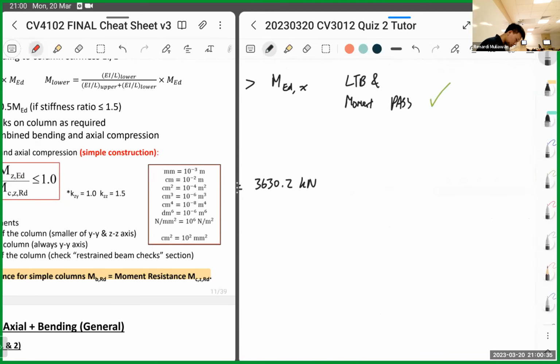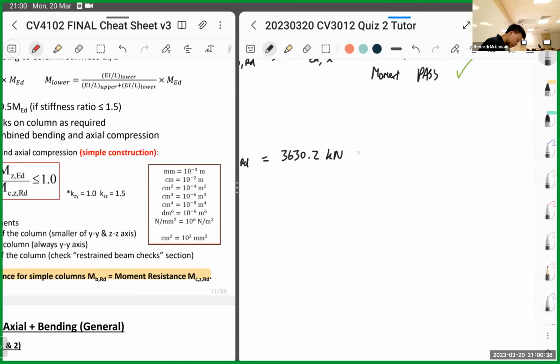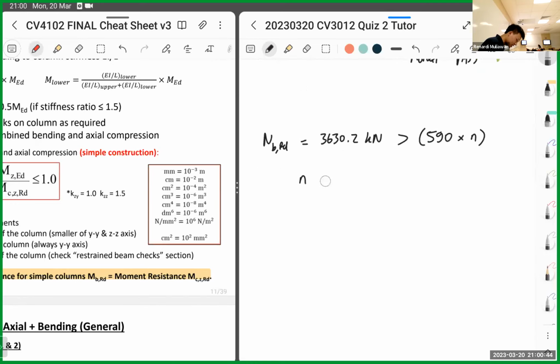So this one should be bigger than 590 times N. So N must be less than what? 6.15, right? So it'll be less than 6.15. Therefore, N is 6 stories.